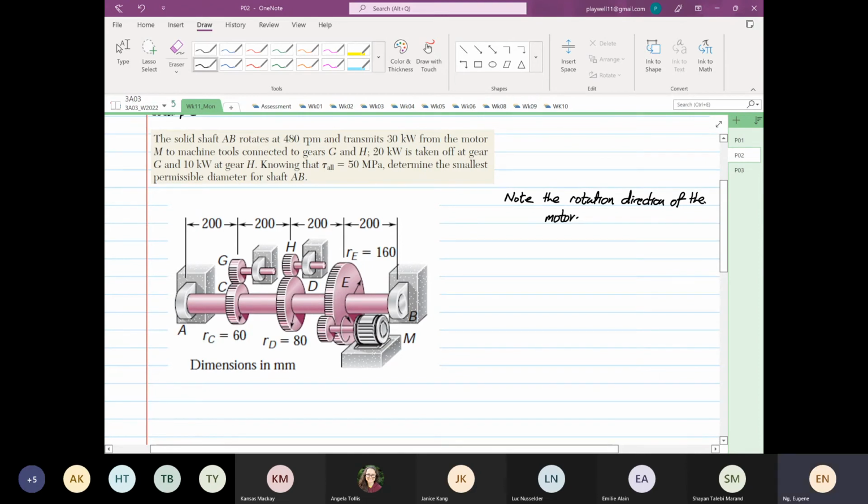So you have a motor, and the motor is driving the shaft AB.